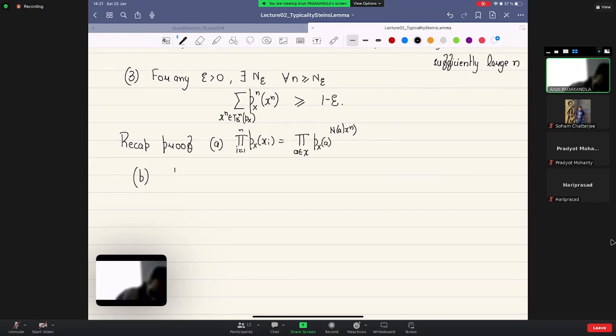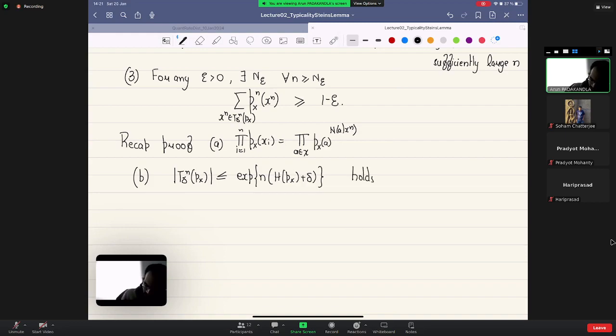So T delta n Px is less than or equal to exp n times h of Px plus delta. This is true for all n, holds for all n.